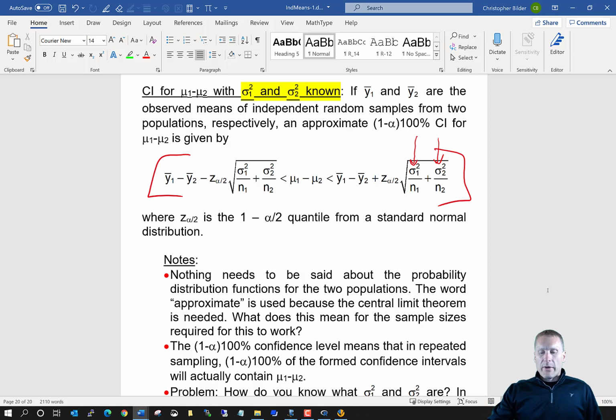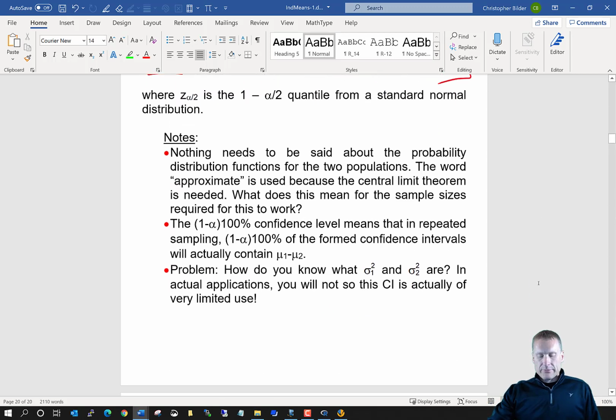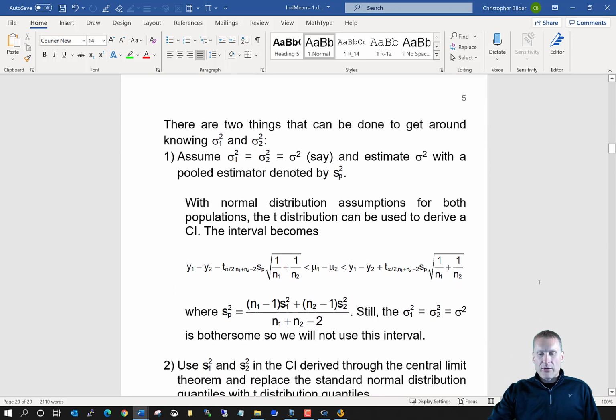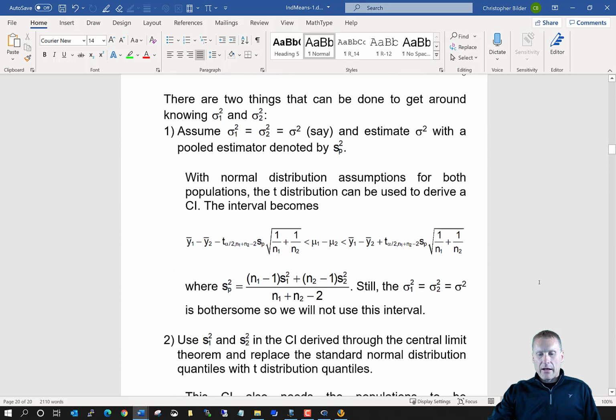So what do we do? Well, there are a few options. Let's talk about the first option here. In the end, we won't use this particular option, but I do want to mention it because you will sometimes see people use this. Let's say we can assume that these population variances are equal to one another.